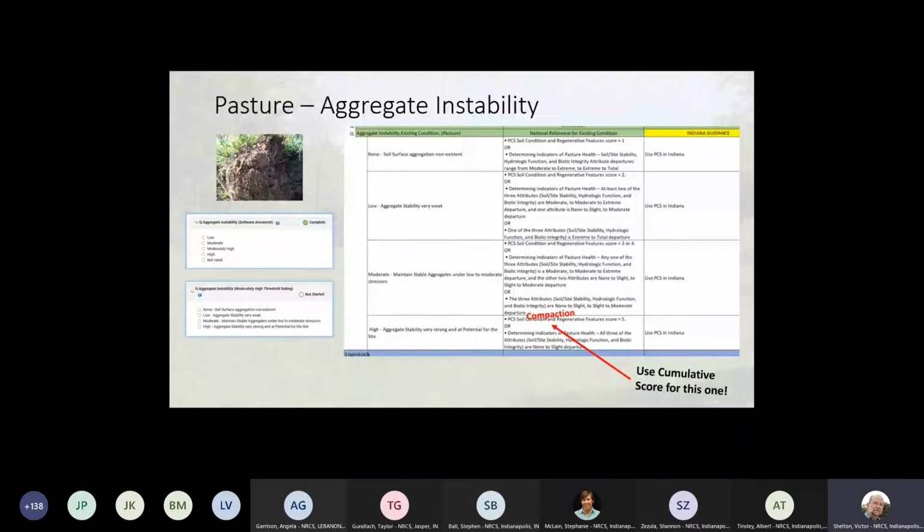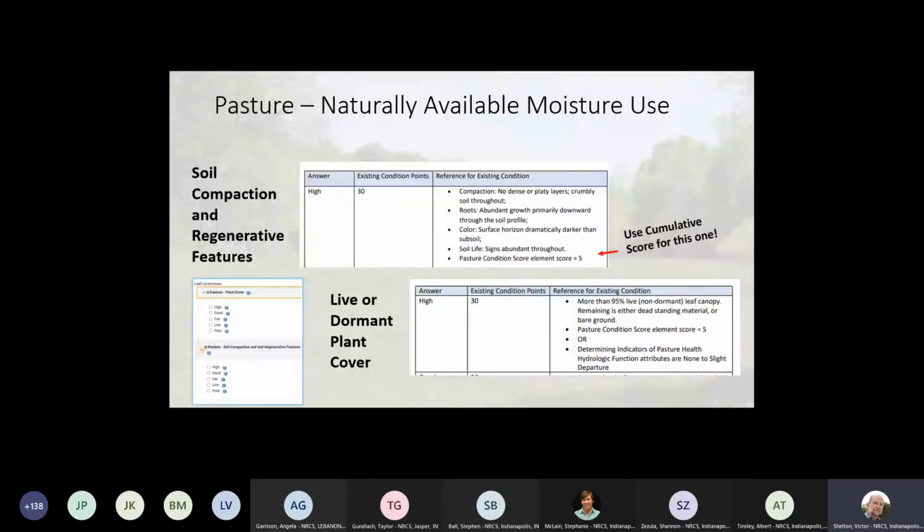If naturally available moisture is marked as a resource concern, and that's not going to happen too often, but if you particularly have a site that's maybe on some reclaimed ground, some strip mine ground, or a soil that happens to be extremely droughty, then you might want to mark this.